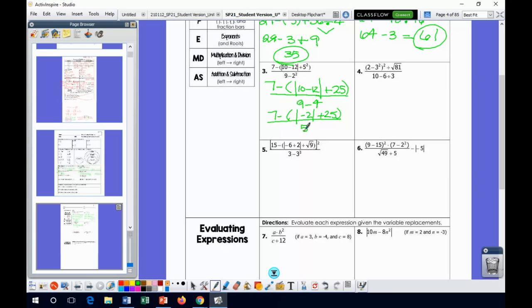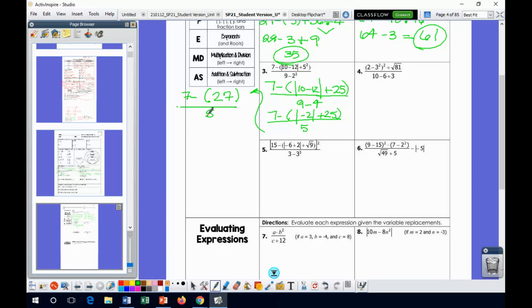So then you've got 7 minus the absolute value of negative 2, which is 2. 2 plus 25 is 27, all over 5.